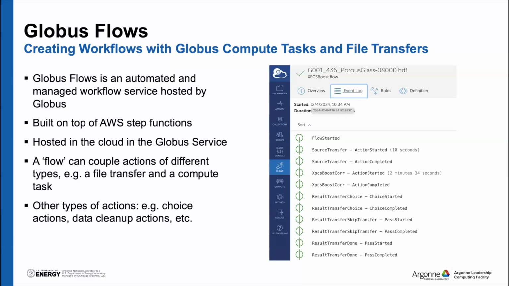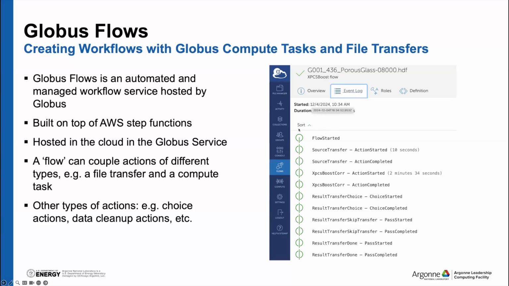And this is, again, a screenshot from the Globus web UI where you see every flow that you submit will have this sort of record that you can look up in the web page.